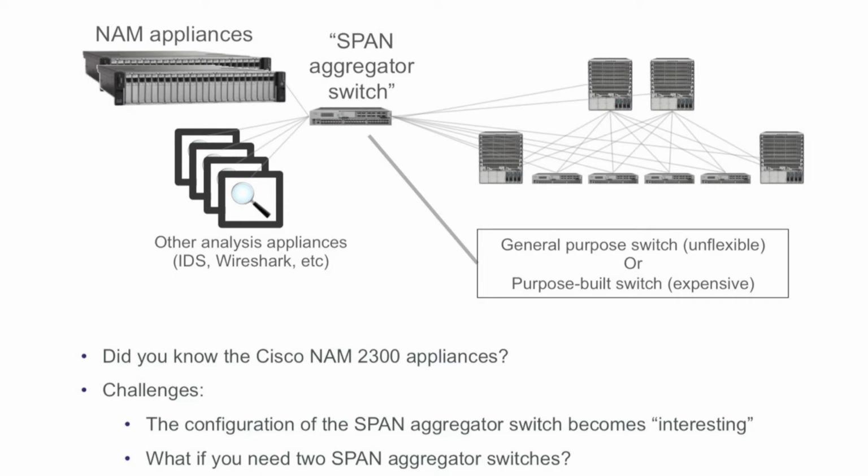Instead of attaching those appliances directly to your aggregation switches, you build a separate offline network where you will be attaching your appliances, your analysis tools, or your ad hoc troubleshooting devices like laptops with Wireshark installed. Of course, you have to send production traffic to this monitoring network somehow.